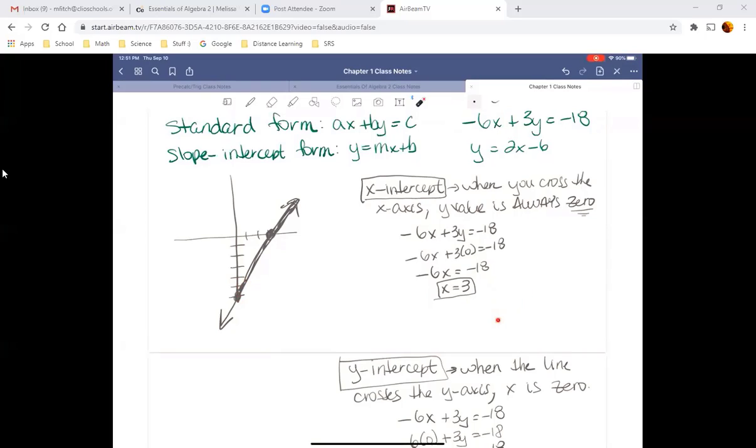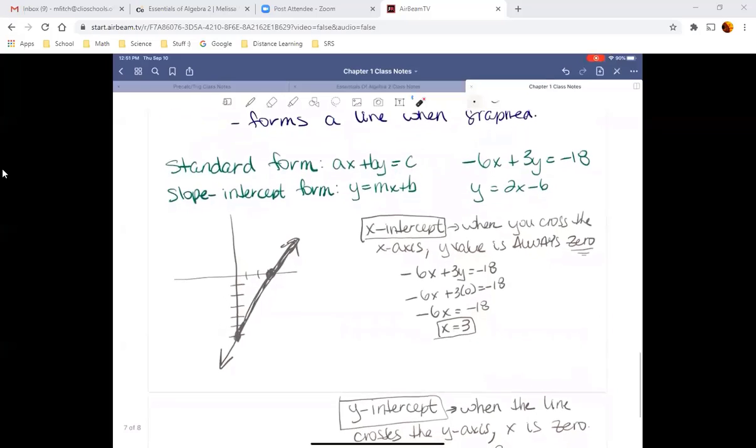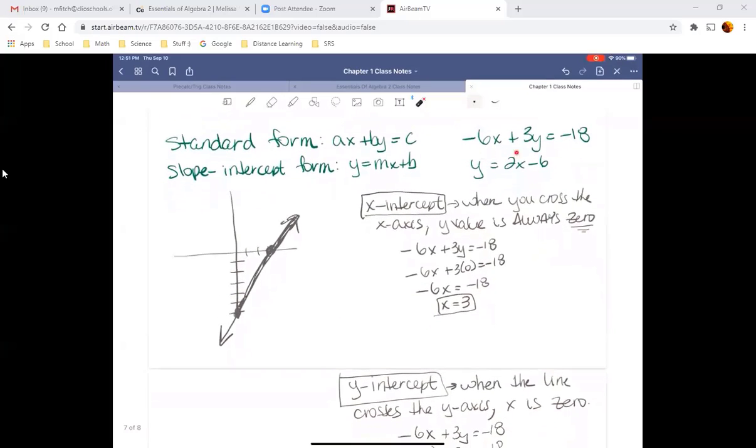So usually what I do, when I look at that standard form, because I know I'm going to cross my X and Y axes, I literally just cross this part off. Because if I put in 0, that would go away.